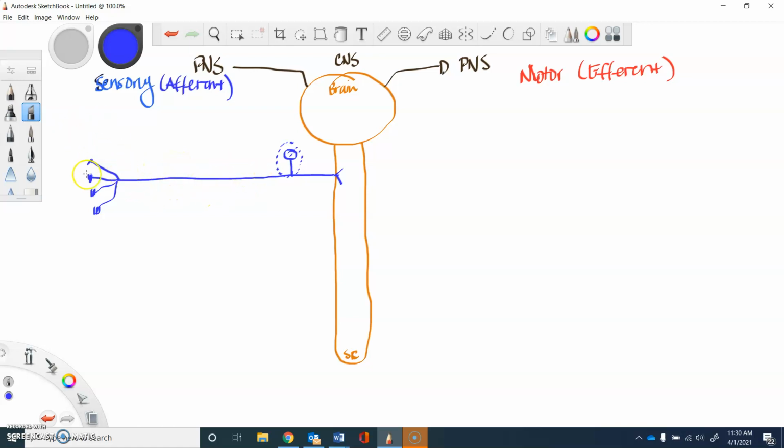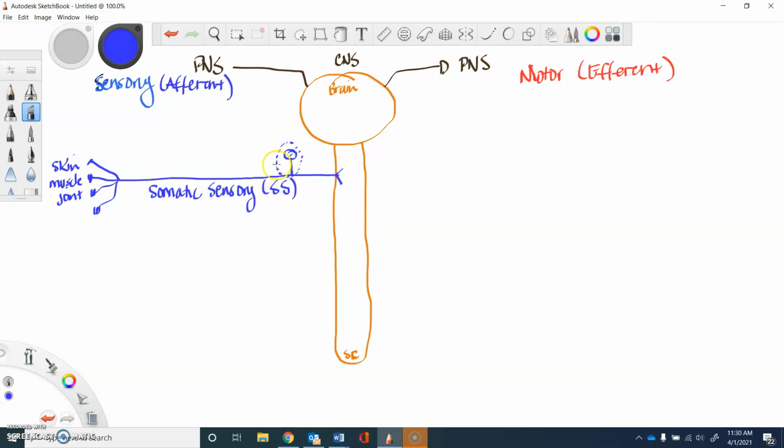This particular neuron that goes to things like skin, muscles, joints, things like that, we call that somatic sensory, or SS.